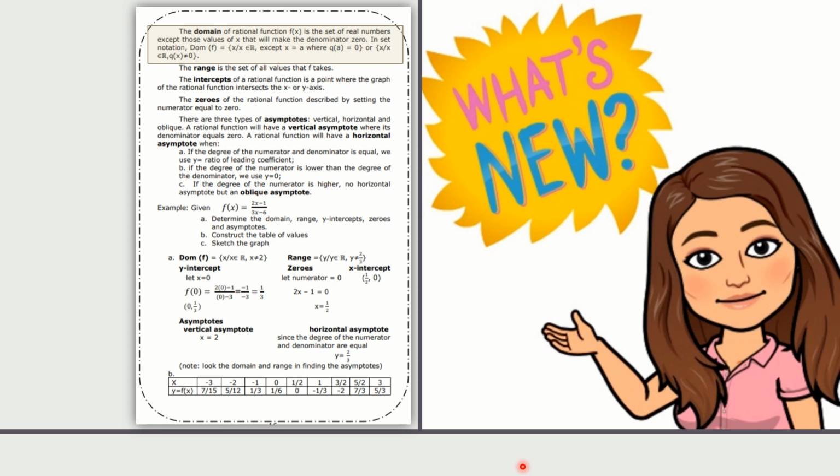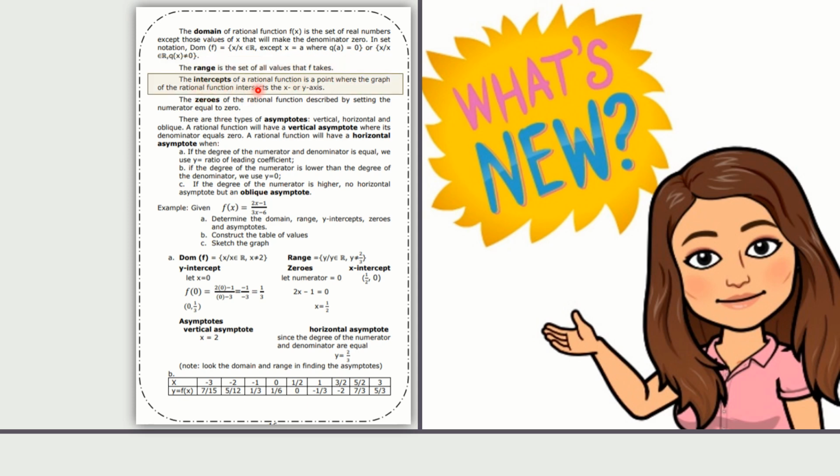In set notation, domain of f is equal to all values of x such that x is an element of real numbers except x equal to a where q of a is equal to 0, or all values of x such that x is an element of real numbers where q of x is not equal to 0. The range is the set of all values that f takes.